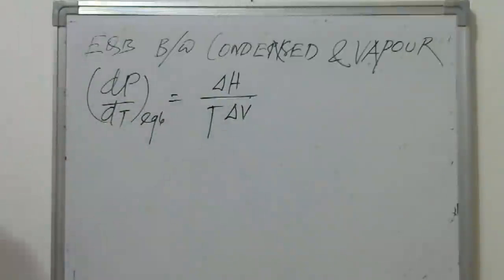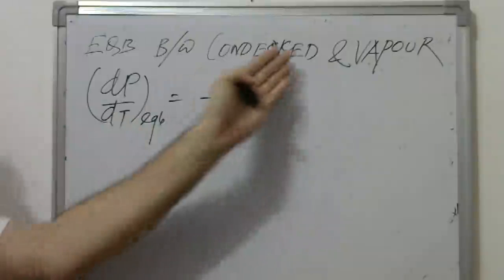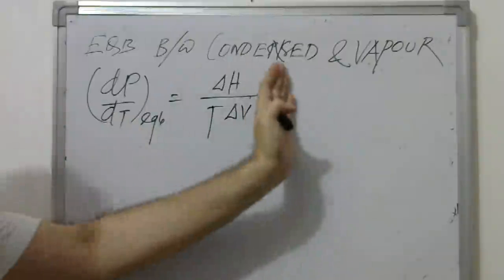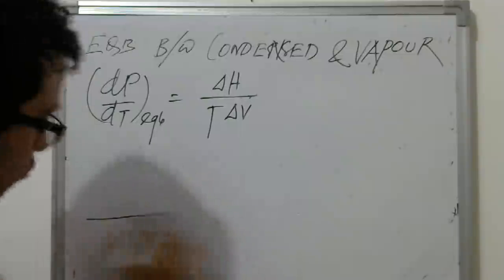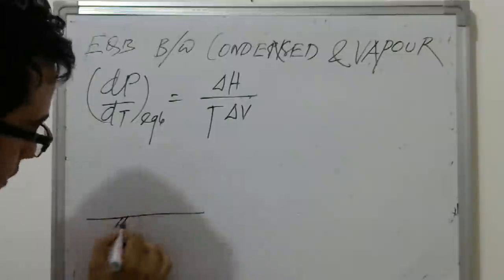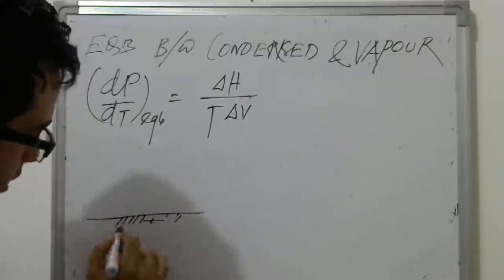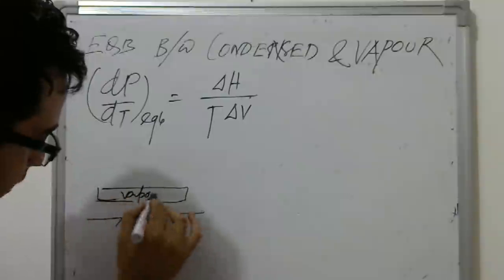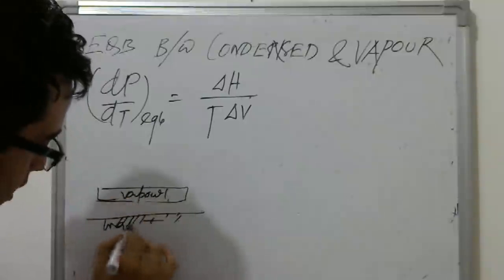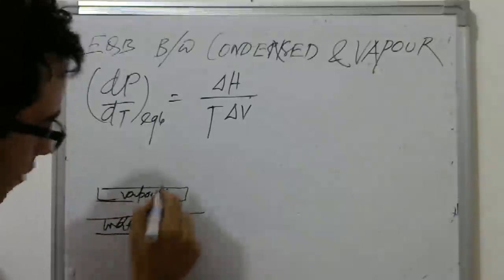Delta V. So for the equilibrium between a condensed phase and a vapor phase, this P is the vapor pressure of the system. So what I mean is, if this is the condensed phase and this is the vapor phase, let's say water and water vapor.